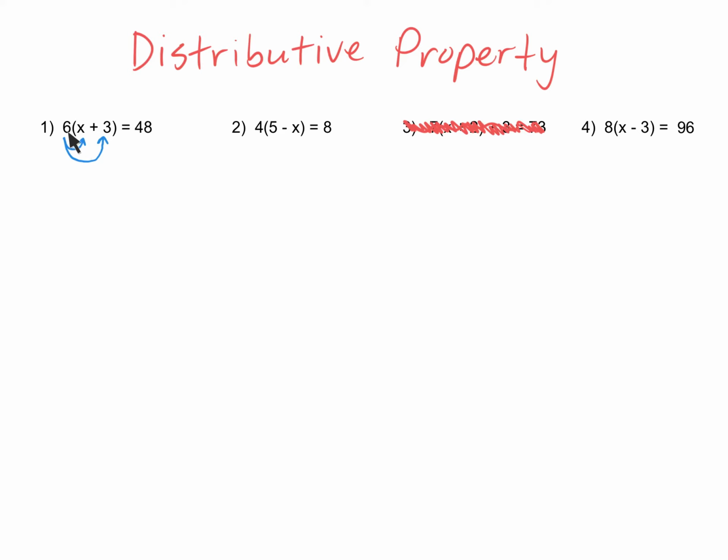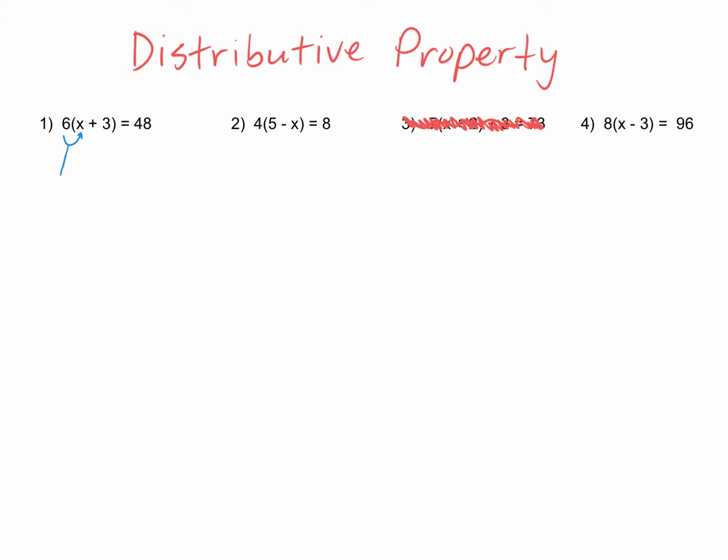So over here, I've got 6 times x. We're going to start with 6 times x, and we're going to write that down here. So this is just 6. Anytime you have a number multiplied by a variable, you just squish them together, showing that it's 6 times x.